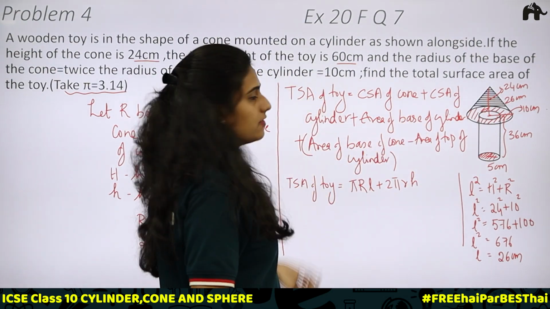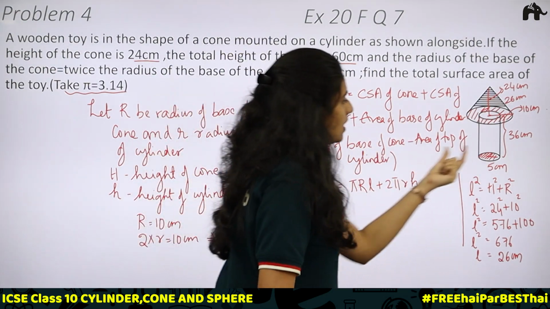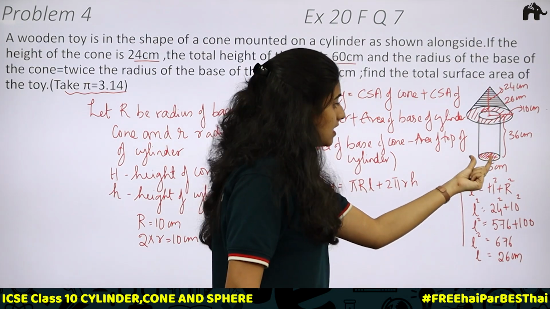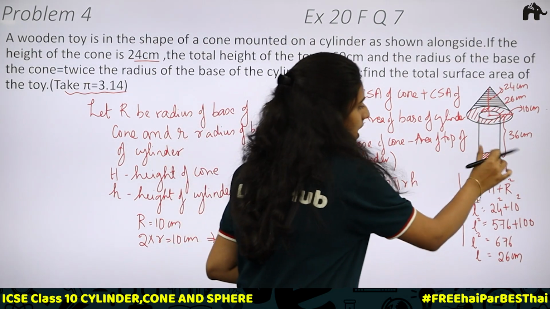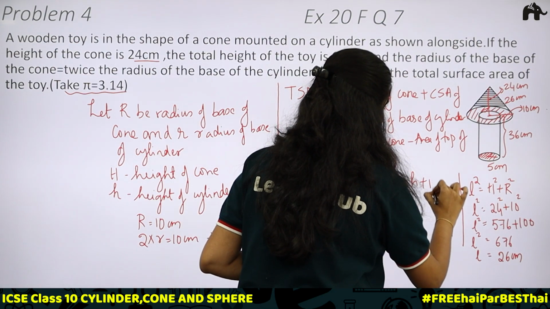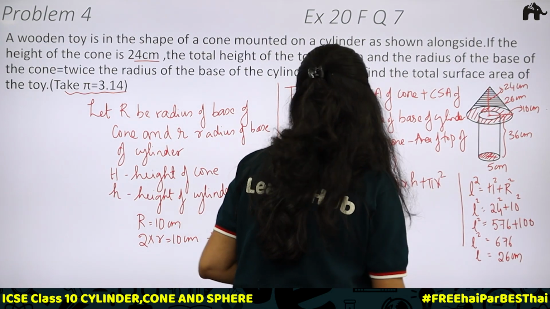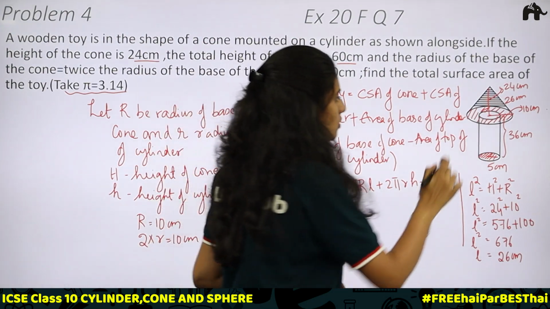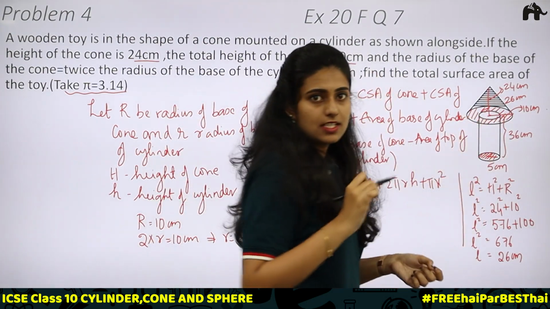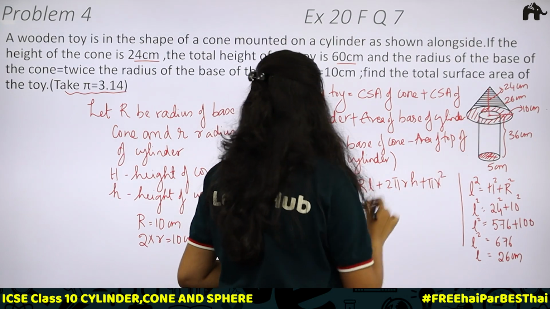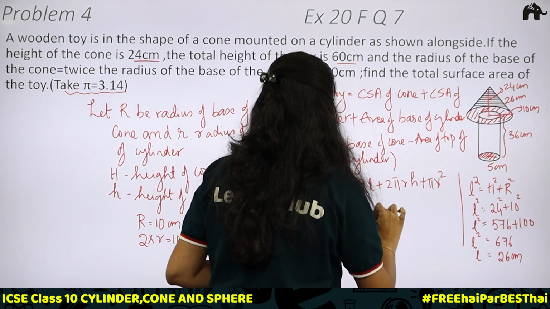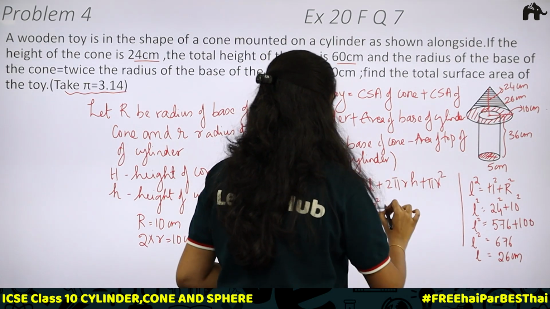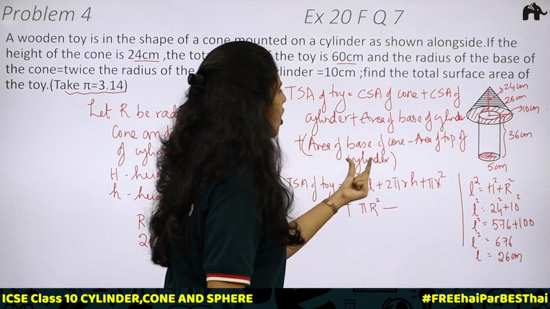Area of base of cylinder: base is circular in shape, therefore pi r square. Plus area of base of cone, again circular in shape, therefore pi capital R square minus area of top of cylinder.